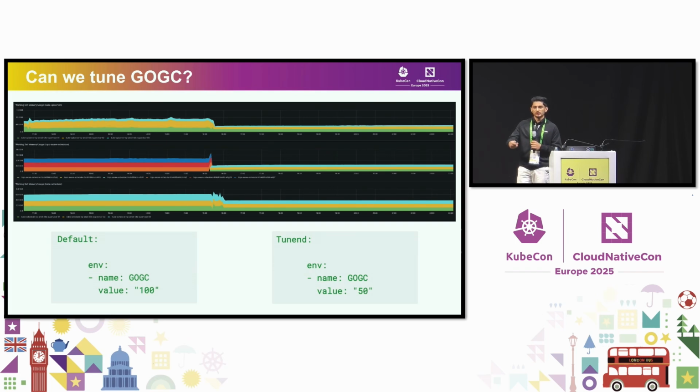We actually noticed this after the fine-tuning, that the rate of GoGC cycles doubled when GoGC was set to 50. Not just that, the amount of memory or bytes released also increased, and the live heap utilization of API server went down.